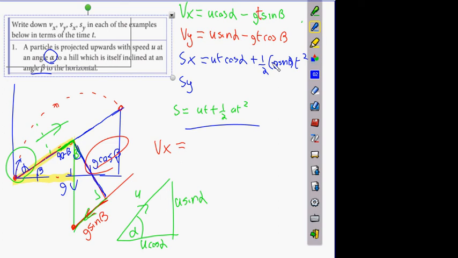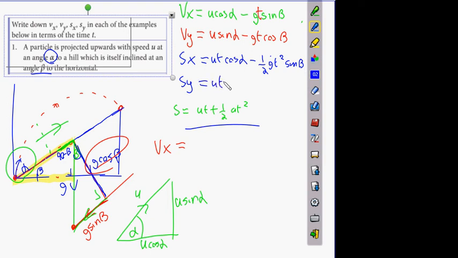I'm quickly going to change this up a little bit. It's going to be minus GT squared sine B, is the way I'll have that put down. Minus GT squared sine B. It always goes cos sine, sine cos, or cos sine. They always change. That always happens, okay? What about Sy, lads?